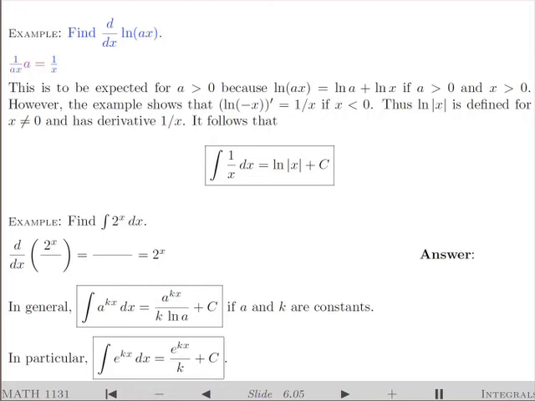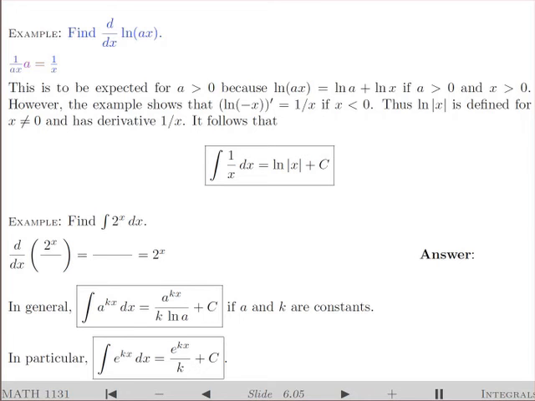An antiderivative of 1 over x, which works for both positive and negative numbers, is the function defined as ln of x if x is positive, ln of the opposite of x if x is negative. We can write this in more compact form as ln of absolute value of x, because absolute value of x is x if x is positive, opposite of x if x is negative.